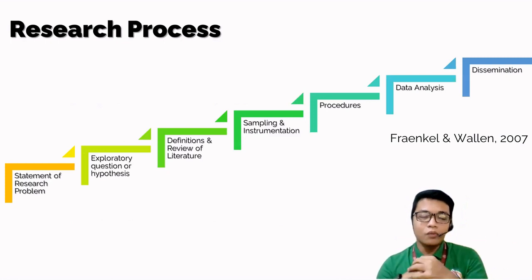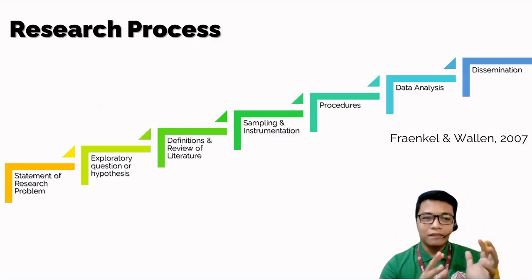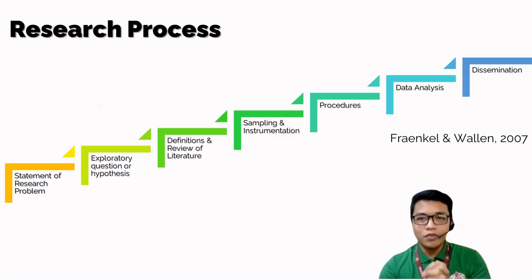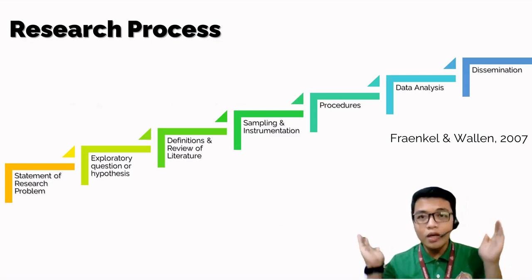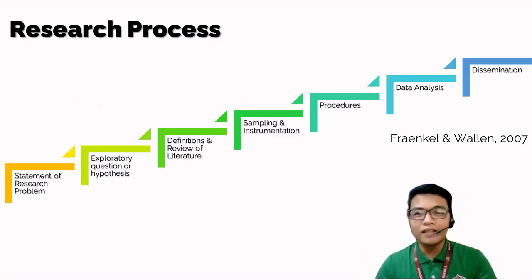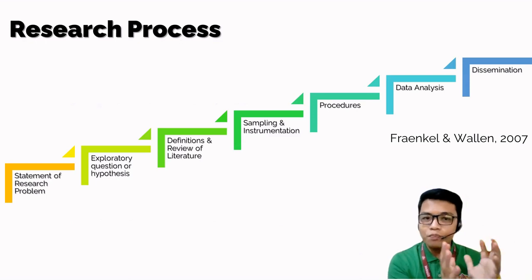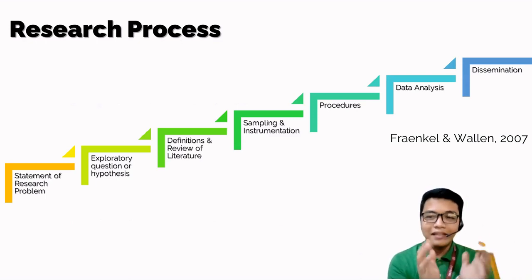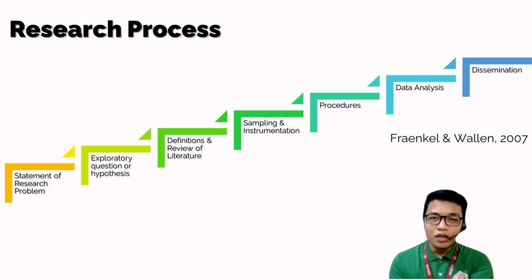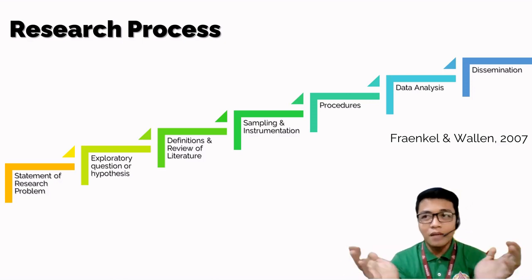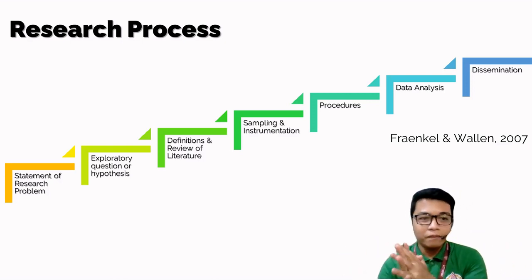According to Frankel and Wallen, we start research by creating a statement of a research problem. So we know now that we have a problem, but we would want to specify that, right? If you're able to specify that problem, you can then ask questions or develop hypotheses. Because if it is not specific, then your hypotheses or exploratory questions would not be as focused.